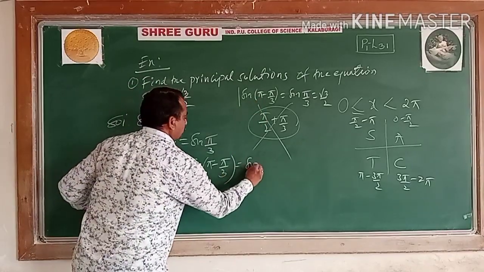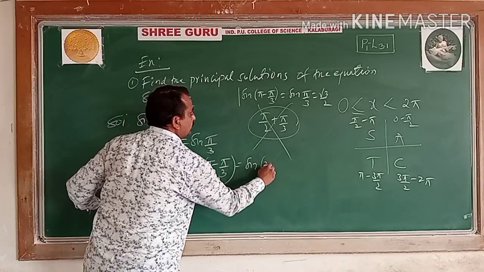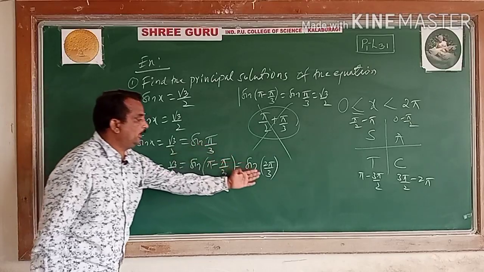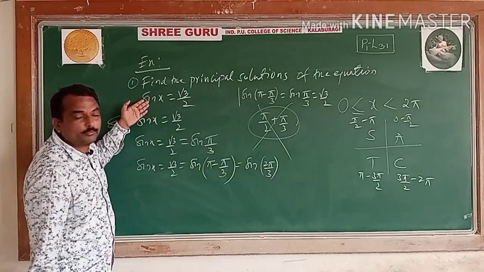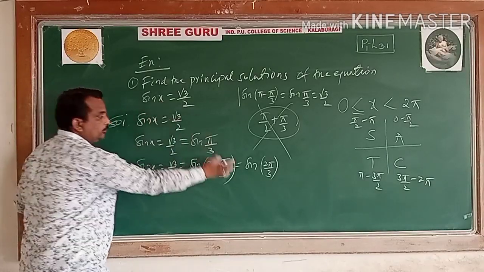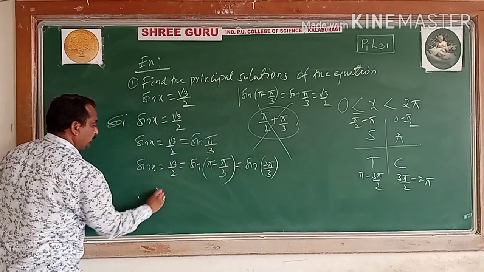So how much is sin of pi minus pi by 3? 3 pi minus pi over 3, it is 2 pi by 3. These two values are the solutions of the given equation.